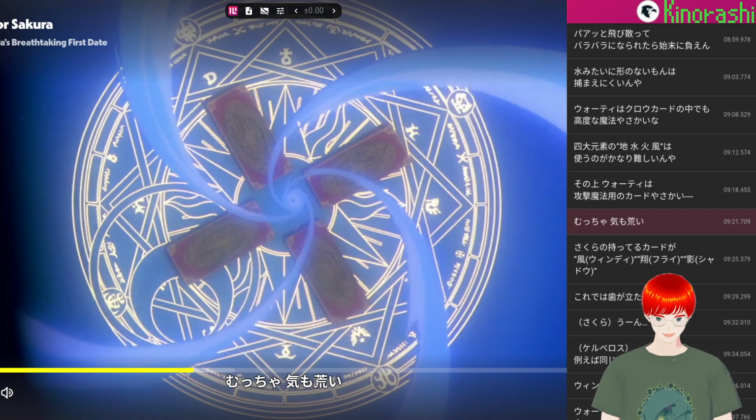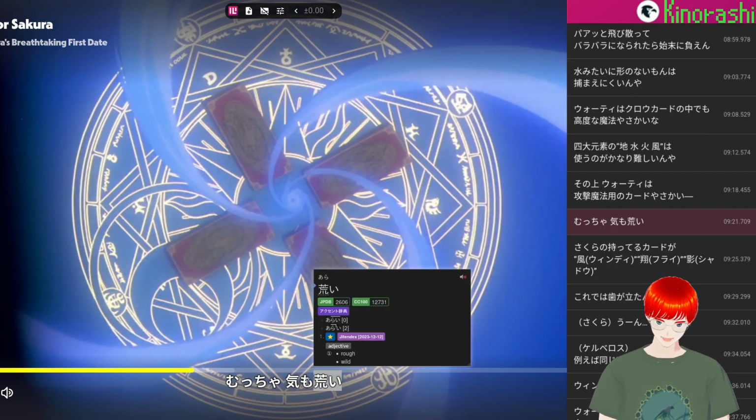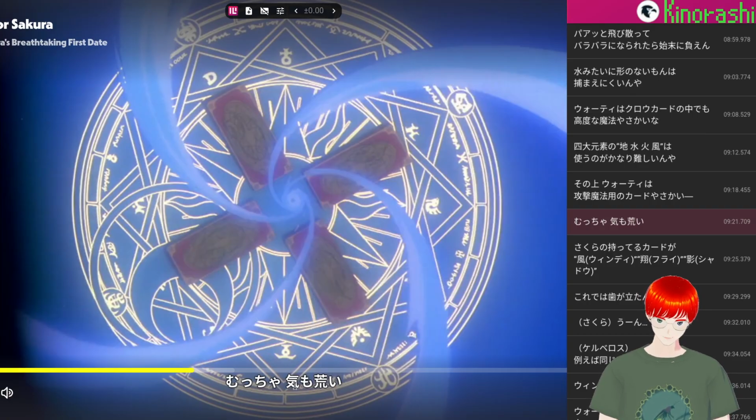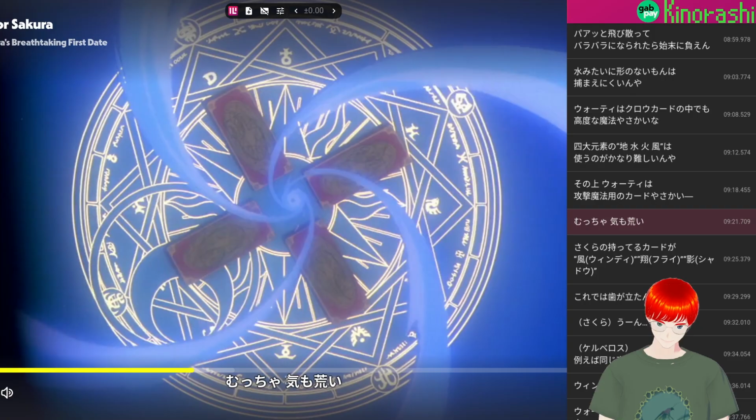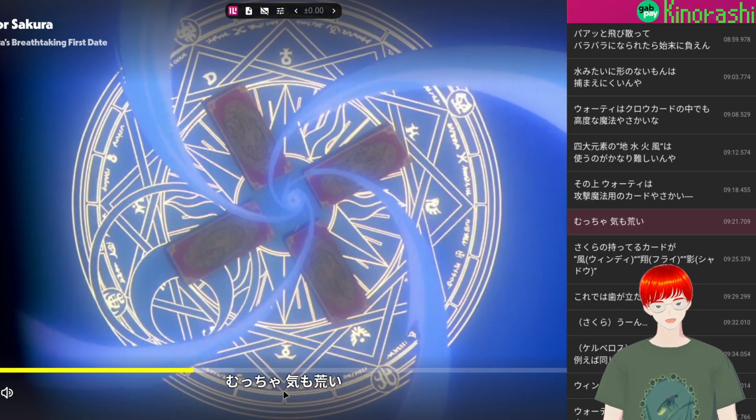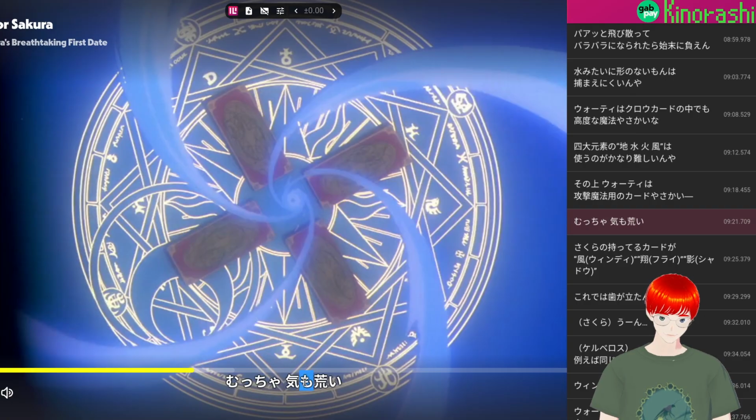Mucha kimo arai. So in other words, it has a very wild spirit. Oh, it's mo here, so I should say it's also very wild. So it also has a very wild spirit.